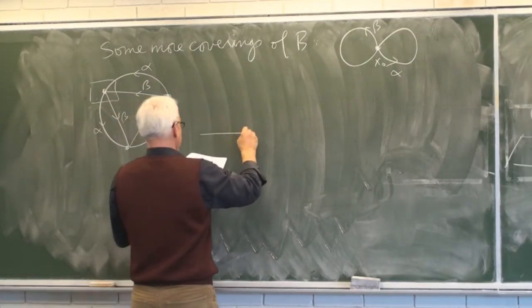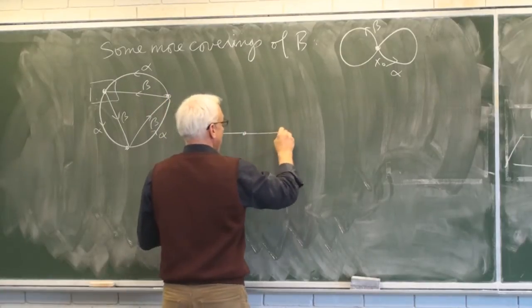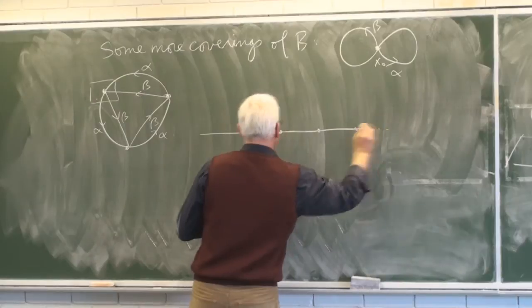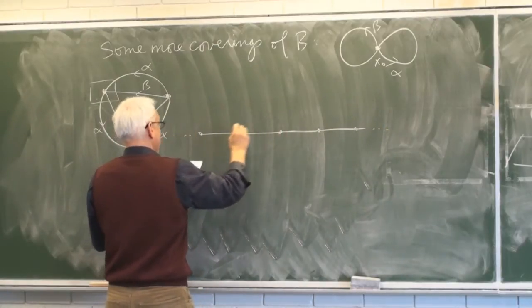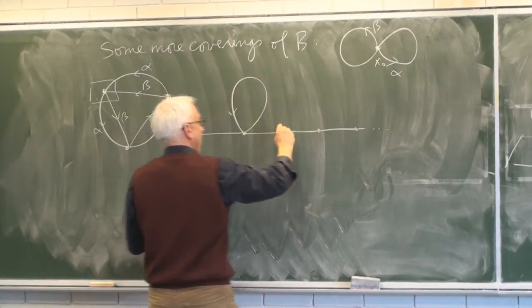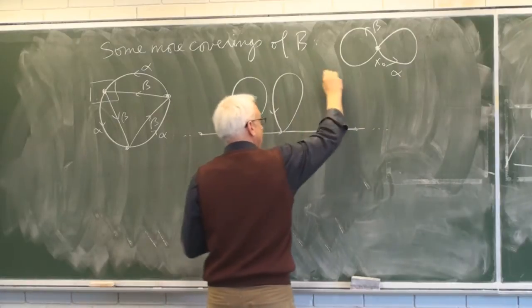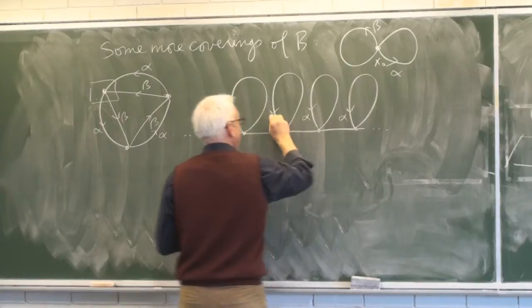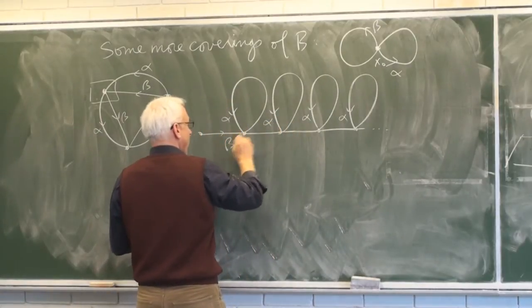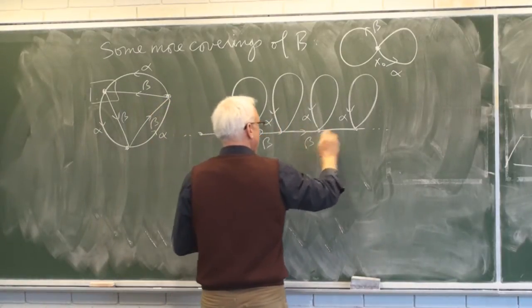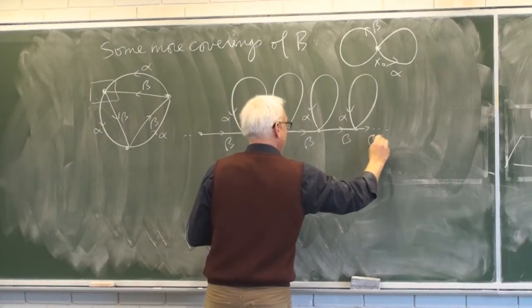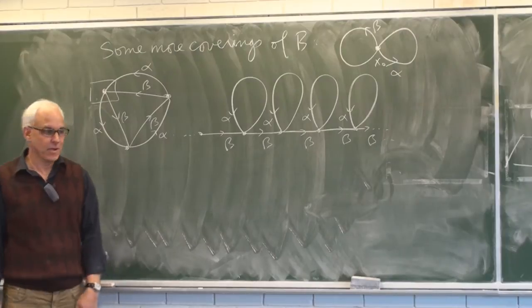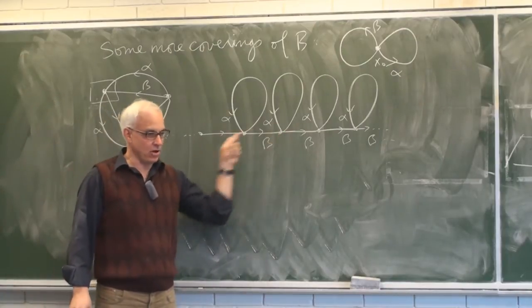Here's another one. This is an infinite graph, which has a string of beta edges all along this row.